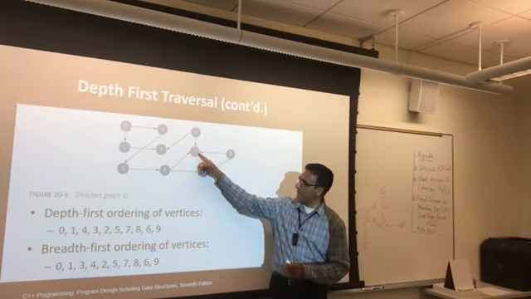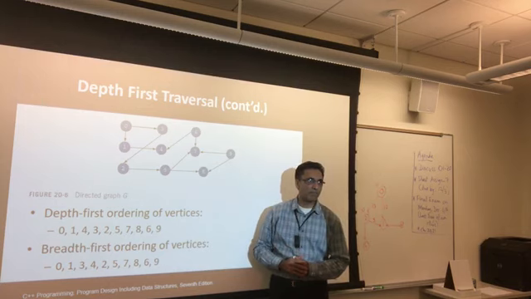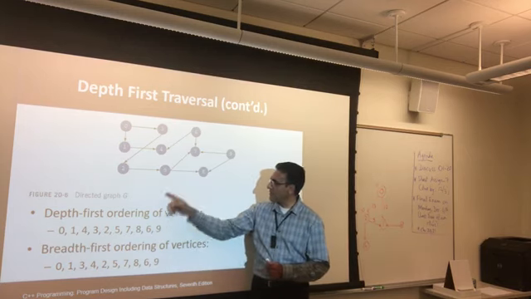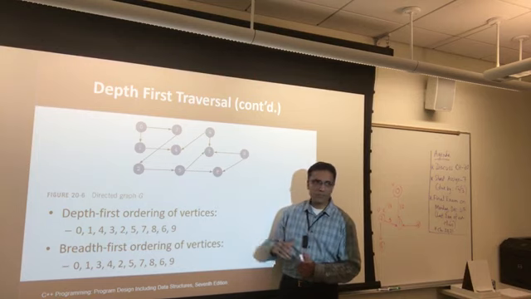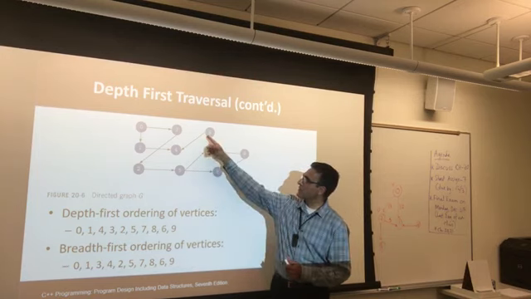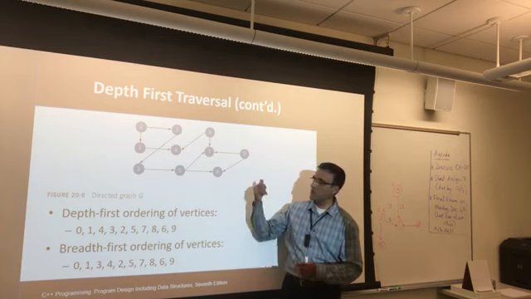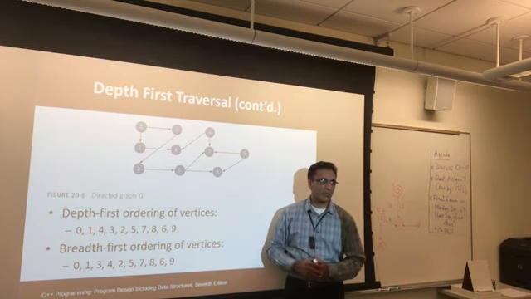From 7, there's nothing else to visit. Then you go to 8, that's immediately after 5, and there's nothing else to visit. Then you go to 6, nothing else to visit. Then you go to 9. So that's your depth first.